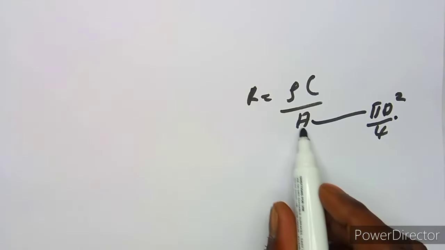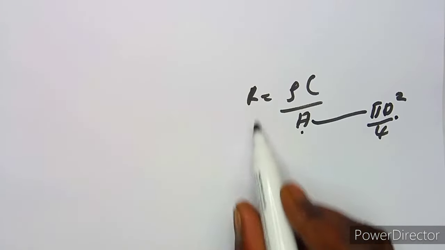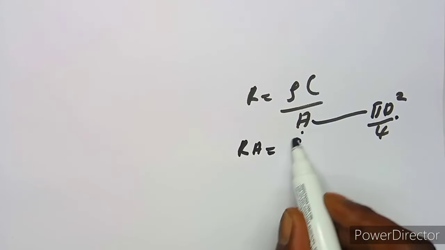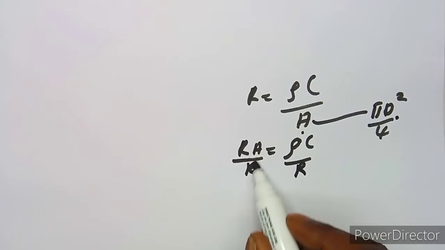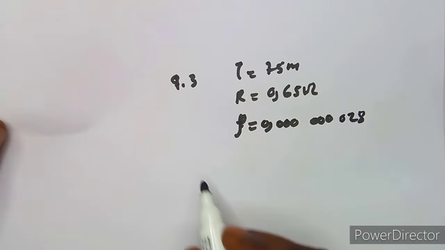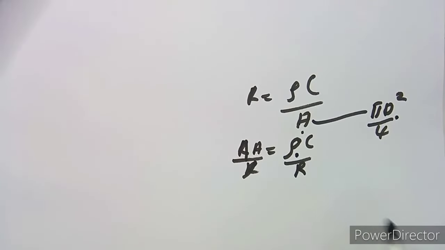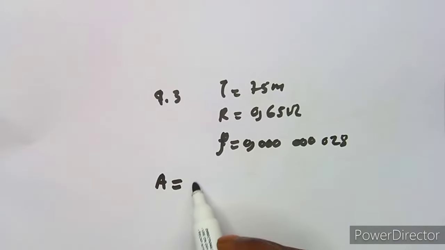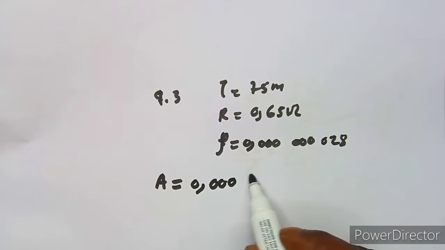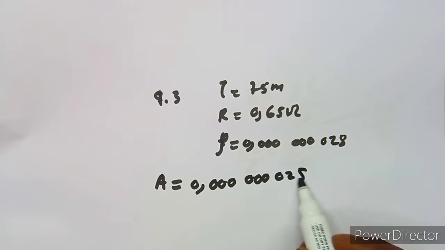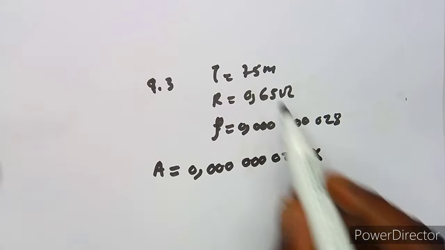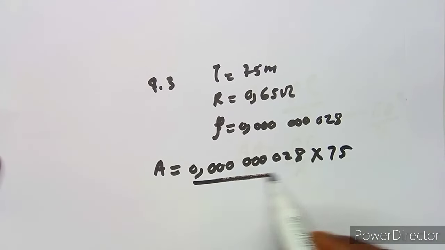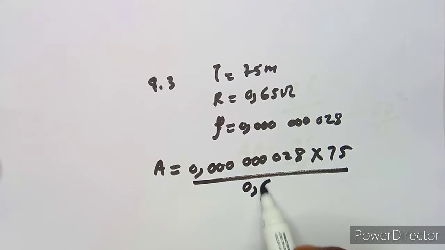Here RA is equivalent to rho L, so divide by R here. It means we shall have our area as rho L over R: 0.000000028 times the length of 75, over the resistance, which is 0.65.